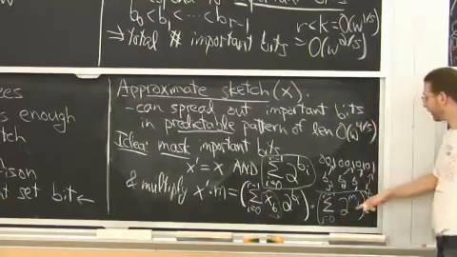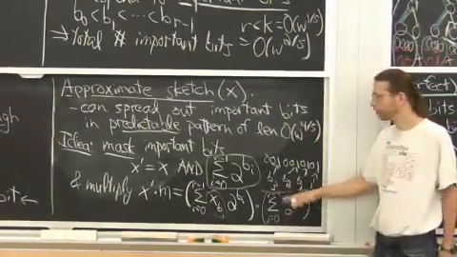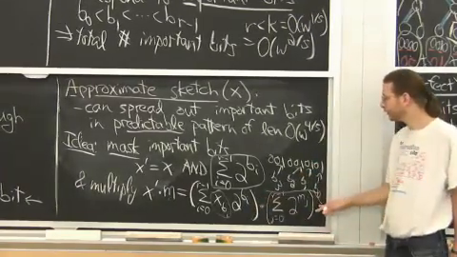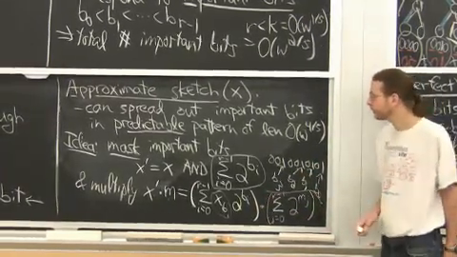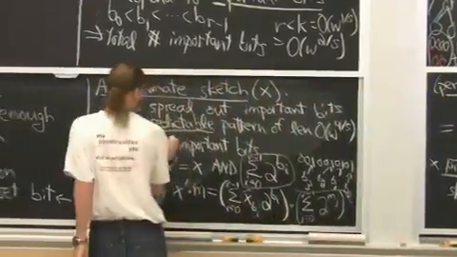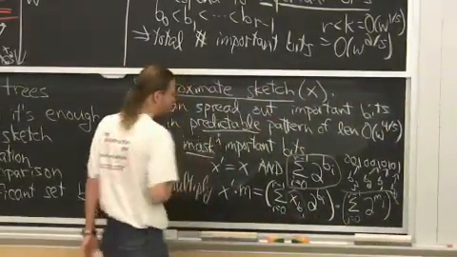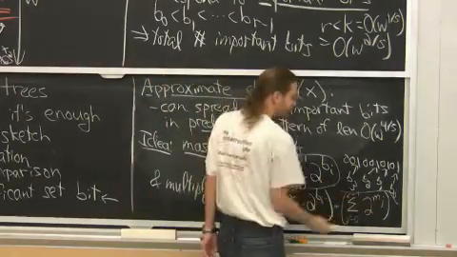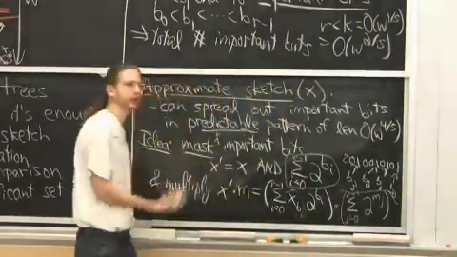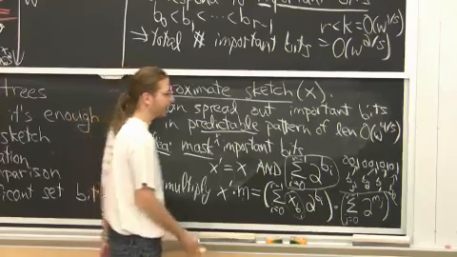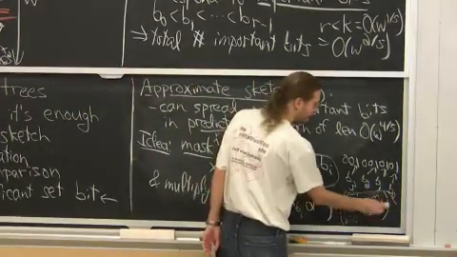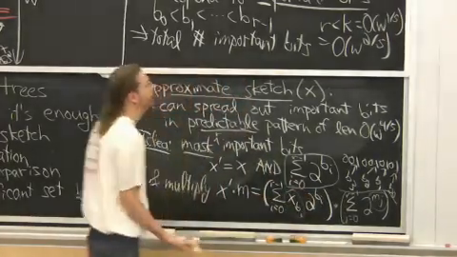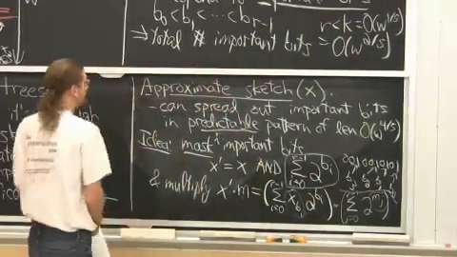I'm going to assume that m only has r bits set, same as the number of important bits. r is the number of important bits. But I don't know where they are, so I'm just going to suppose they're at positions m_0, m_1, up to m_{r-1}. So I've got to find what these m_i's should be, or m_j's. And now I'm just taking this product. So we can expand out the product algebraically and see what we get.